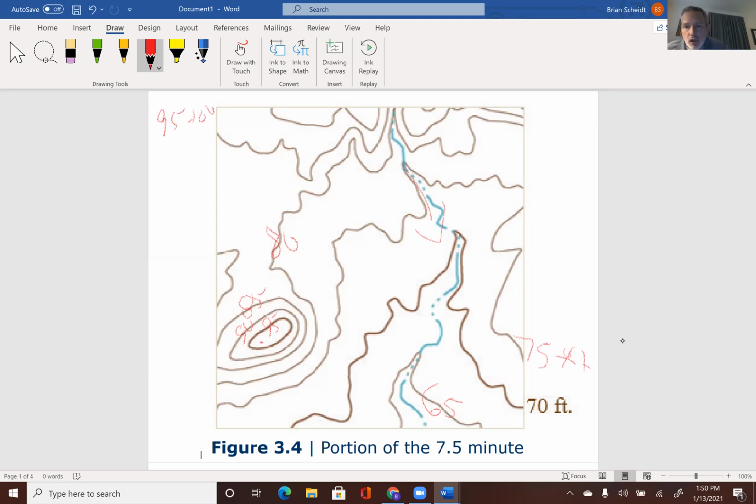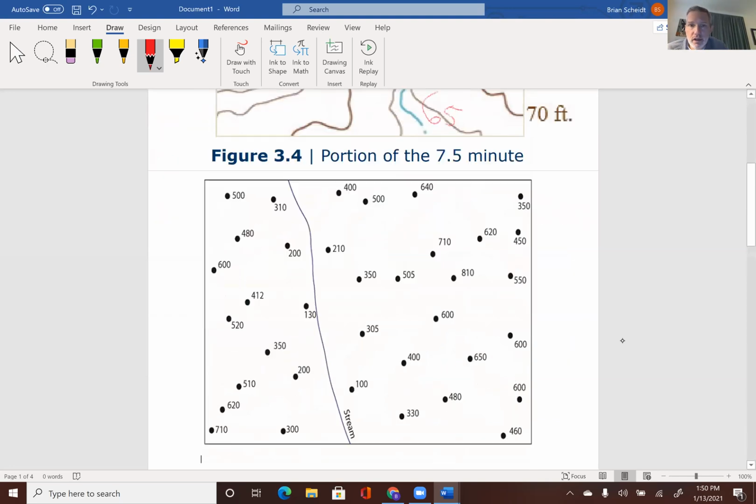And the low elevation, well, we know that water flows downhill, so down here would be the low spot, somewhere between 60 and 65. So the result would be about 35 feet of elevation. The relief of this map would be 35 feet of elevation.